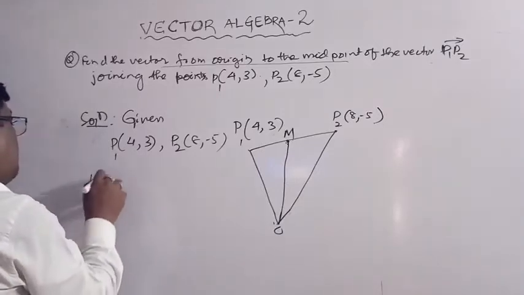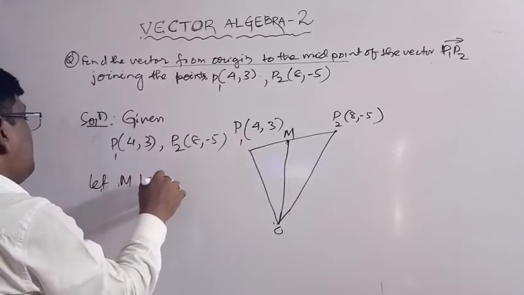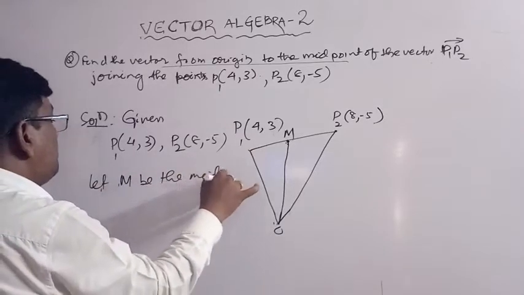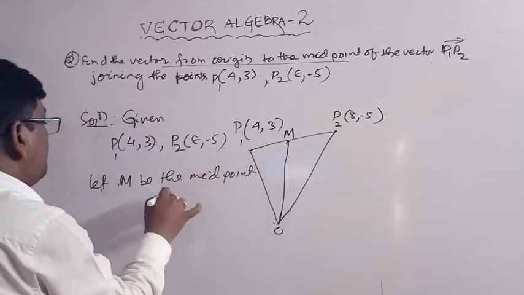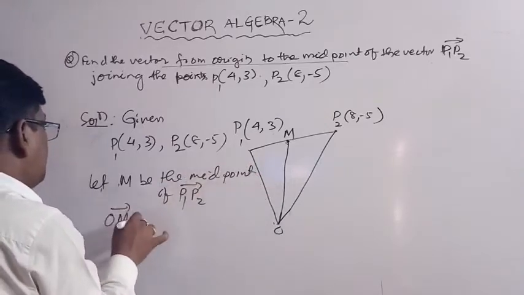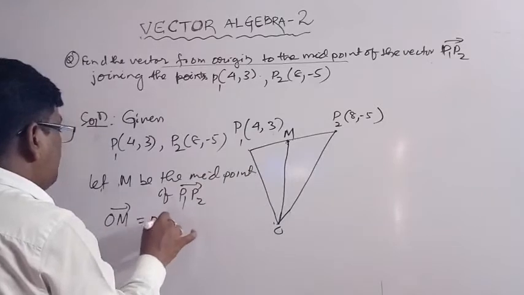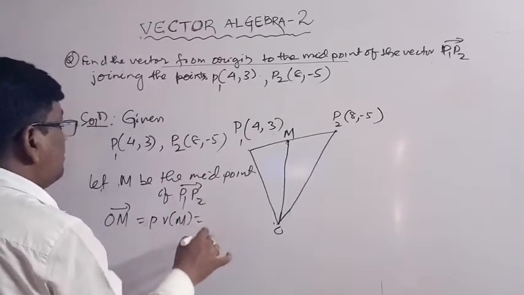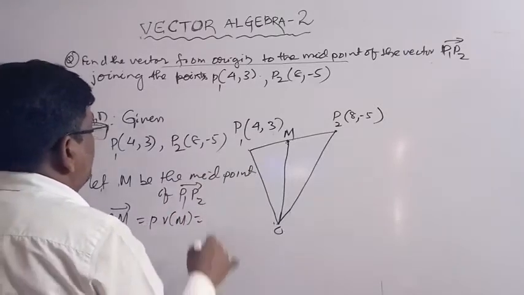Let M be the midpoint of the P1P2 vector. Now OM vector, that is PV of M, is equal to what?